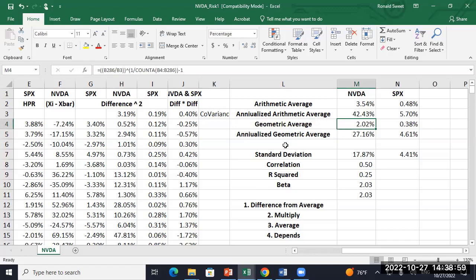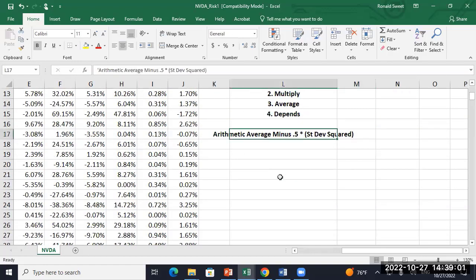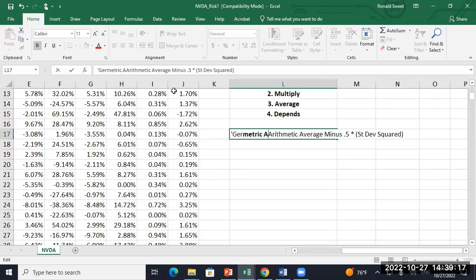All right, one last thing I was going to show you is this formula here. Why is the arithmetic average always higher than the geometric? It's because if you have a normal distribution, the geometric average should equal about the arithmetic minus half the volatility.